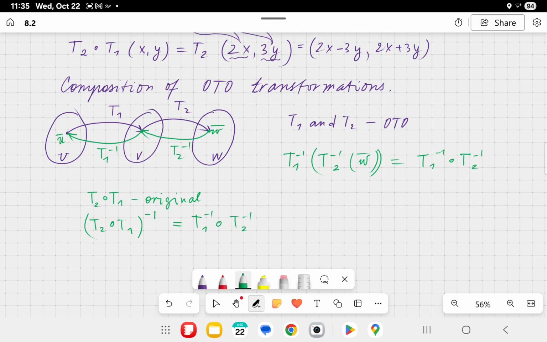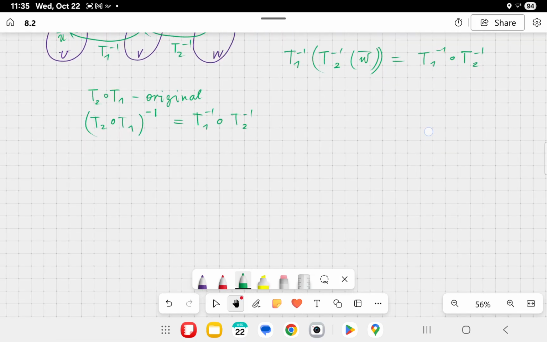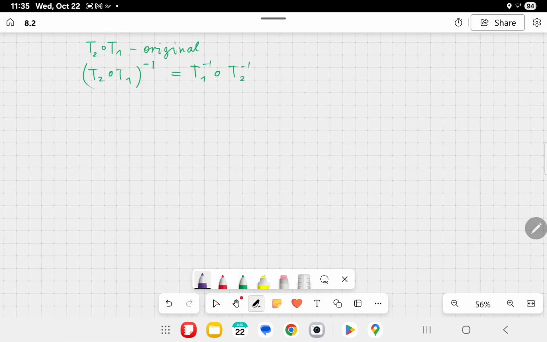Well, let's just scroll it up and do a couple of examples. For both examples, the question is: is the transformation one-to-one?